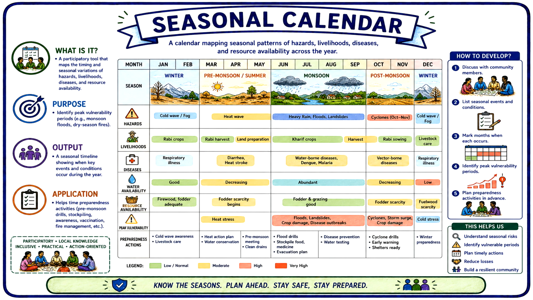Community members identify periods when disasters such as floods, drought, cyclones, landslides, or forest fires are most likely to occur, along with times of increased vulnerability. The calendar also highlights changes in income, food security, water availability, and also health risks.